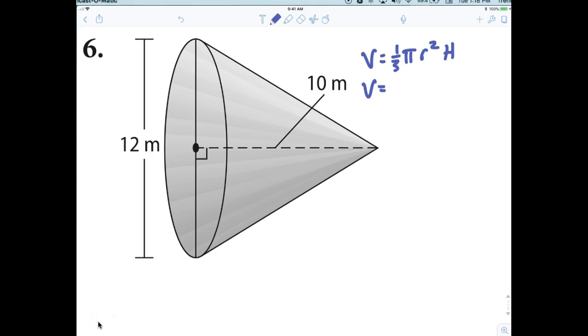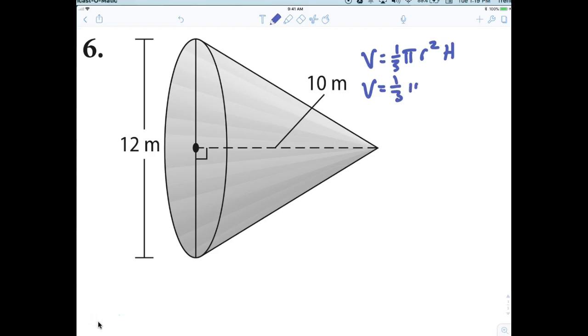The height is 10, because it's the height of the cone. All right. So what's the radius? The radius is 5. How did you get that? Because half of 10. What's the diameter? Oh, 12. What's the radius? 6. You're awesome. Good job.